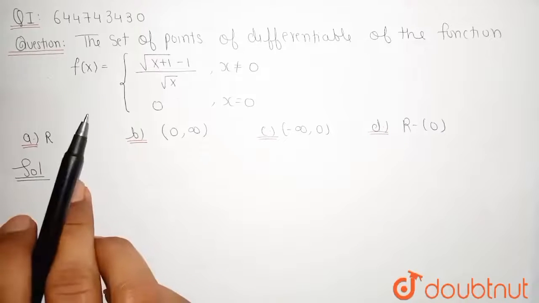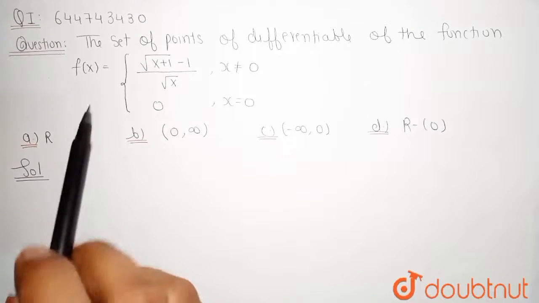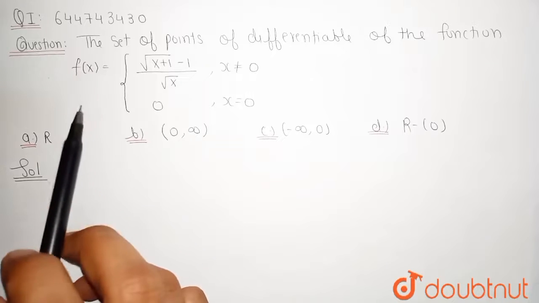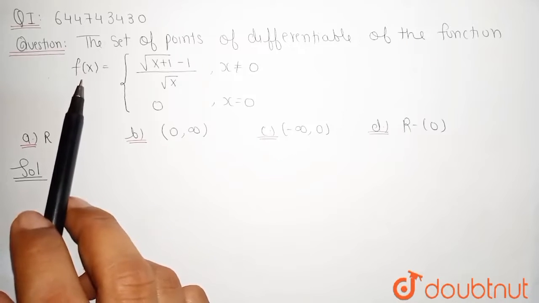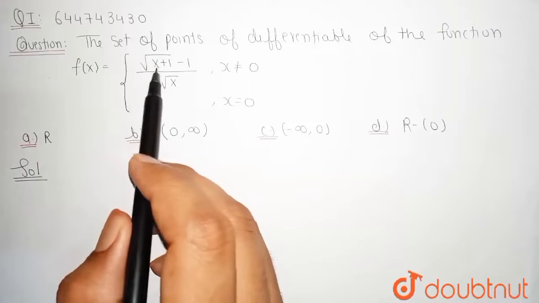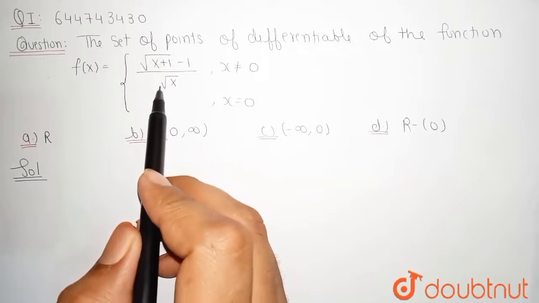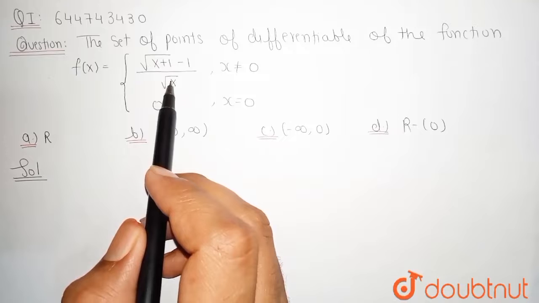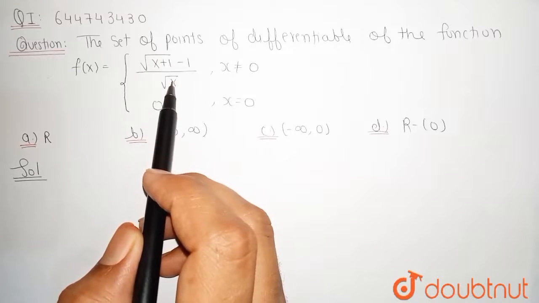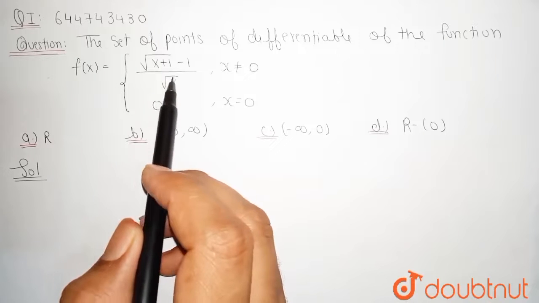Note that in our question we ask about the differentiability of the function. As we can see, our function has the terms under the root x plus 1 and under the root x. Note that if any number inside the square root is negative, then the function becomes imaginary, which is not valid because our function is a real function.